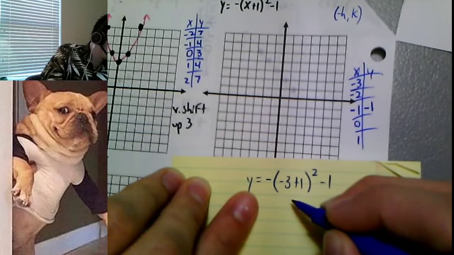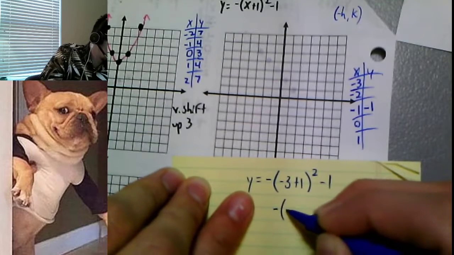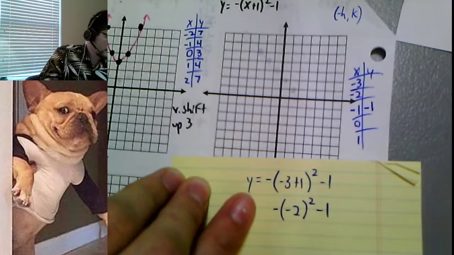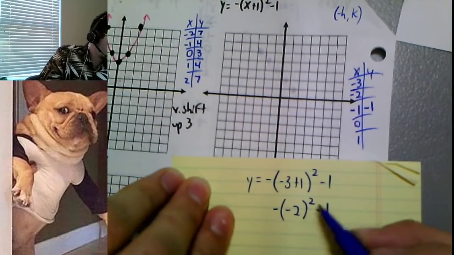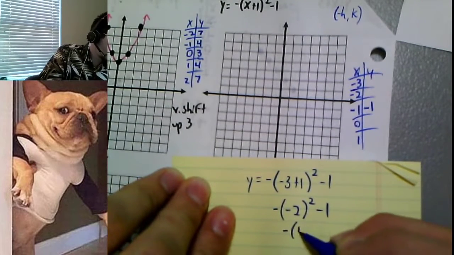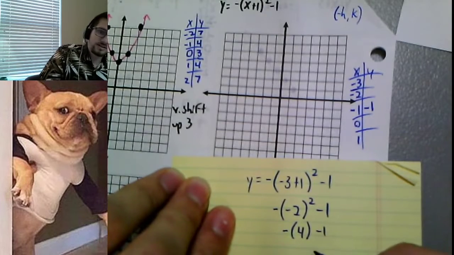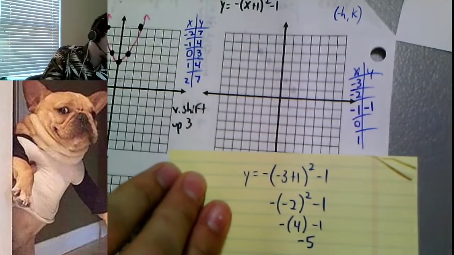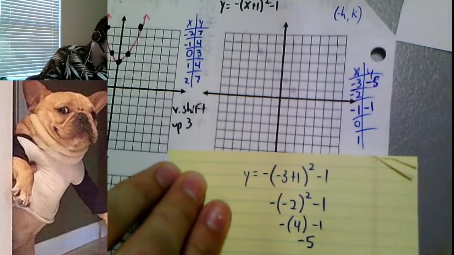Negative 3 plus 1 is negative 2, so I have negative 2 squared minus 1. What's negative 2 squared? Positive 4, so I have negative 4 minus 1, and that gives me negative 5 when I combine them. So my first point is negative 5.